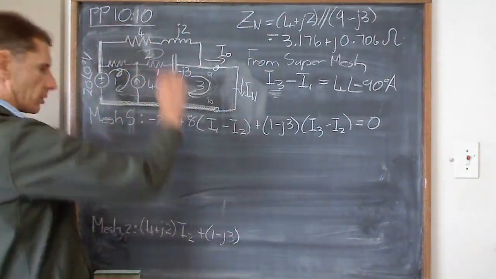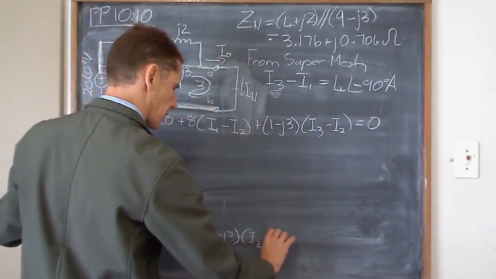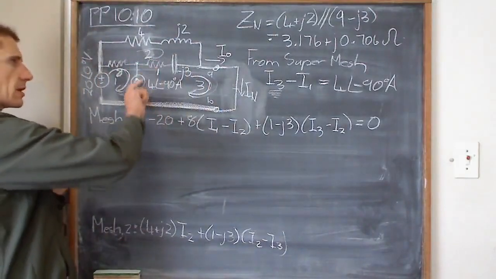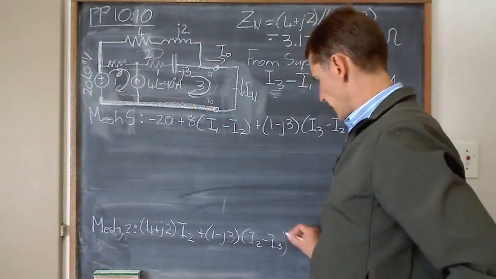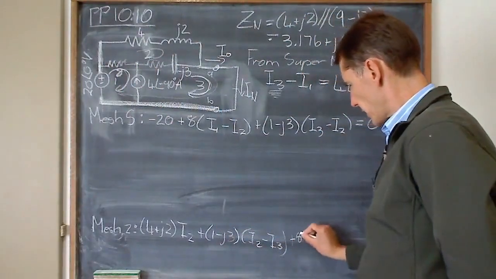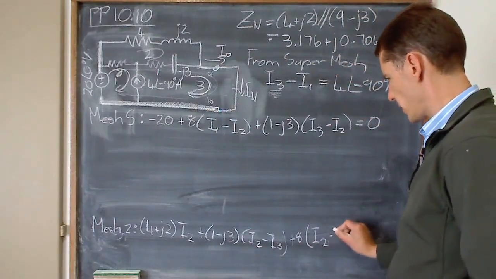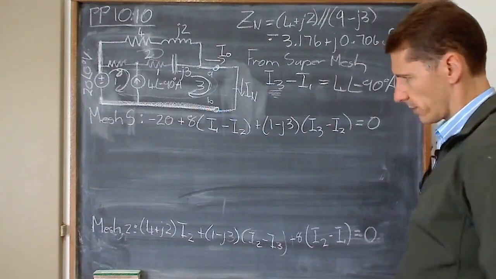And that now gets multiplied with I2 minus I3. Okay, because I2 is in this direction and I3 is in the opposite direction. And then I need to go through that 8 ohms, plus 8. What currents are flowing through there? It's I2 minus I1, equals 0.